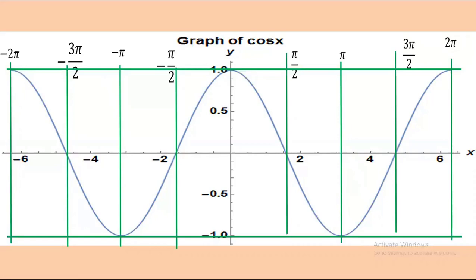You see, for pi by 2 it is 0, for 3 pi by 2 it is 0, for minus pi by 2 it is 0, for minus 3 pi by 2 it is 0. And for even multiples of pi by 2, that is pi, 2 pi, minus pi, minus 2 pi, the value is either maximum or minimum.